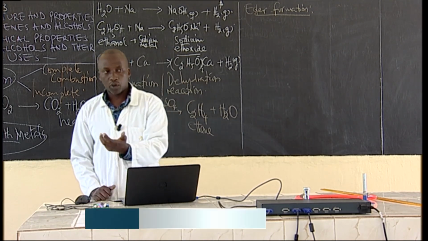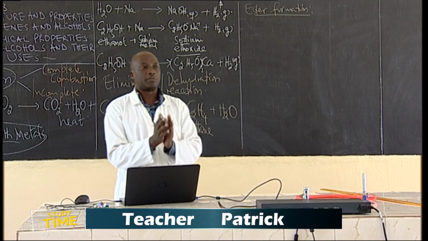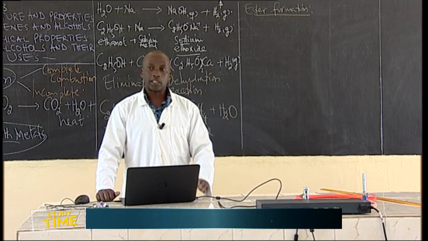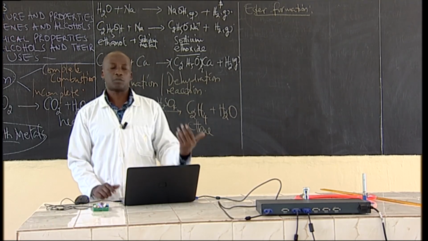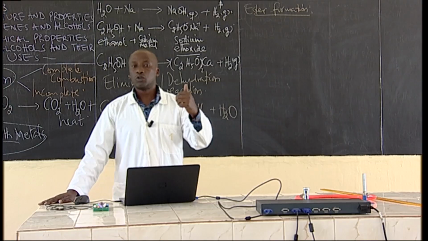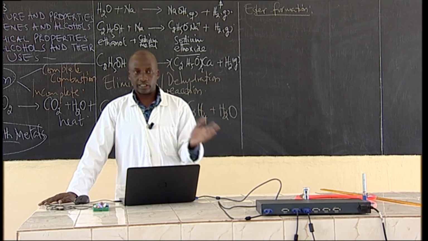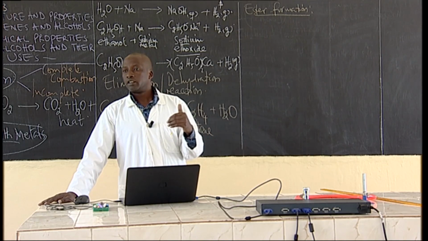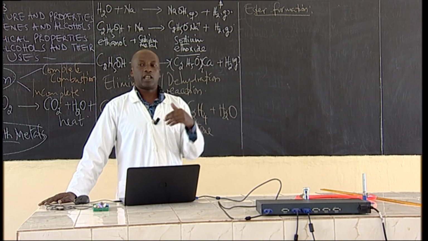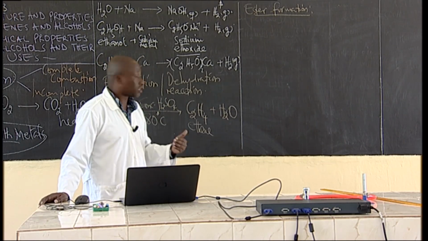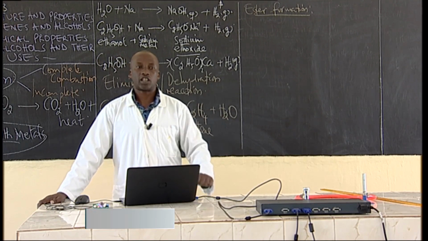So when I talk about the perfumes, I think that is something that is common and is known at least by everybody, but it's not the only use. So they are sweet-smelling compounds, and they are used when manufacturing the perfumes, different esters. And the esters are formed when alcohols react with the carboxylic acids.